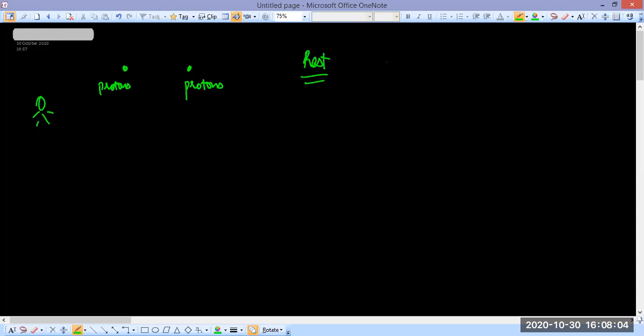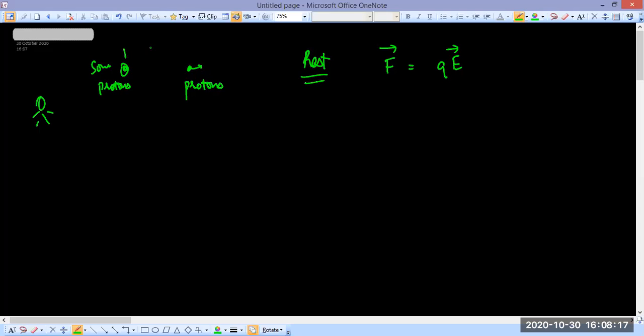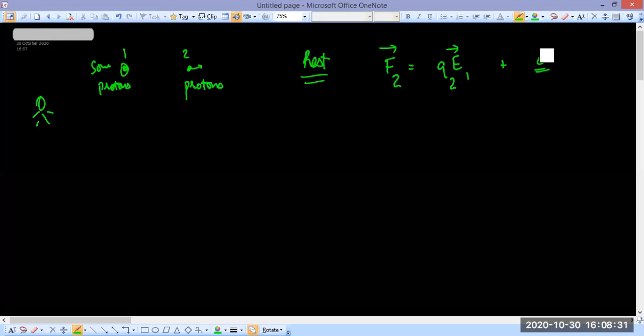Then the force that acts amongst them is only going to be Q into E. That is, one proton will create an electric field. Suppose you call this the source, then that will apply force on this one, right? So if we talk about force acting on the second one, then it's only going to be the charge of second into electric field created by first, right? And there is no velocity, so of course even if there is a magnetic field it doesn't matter.